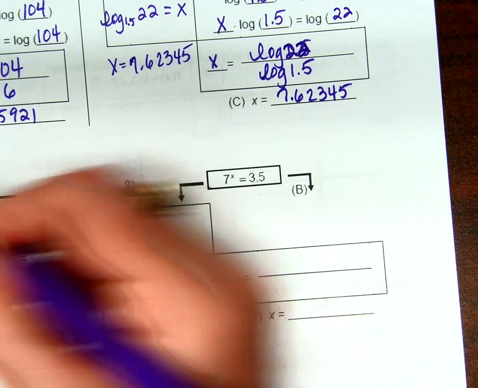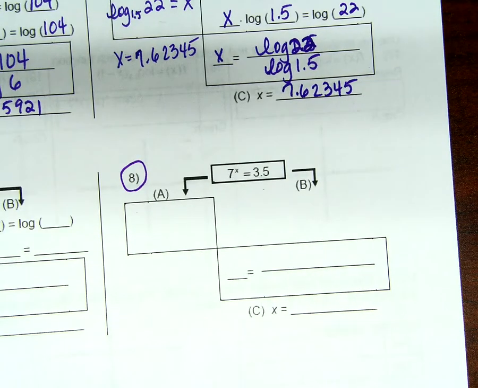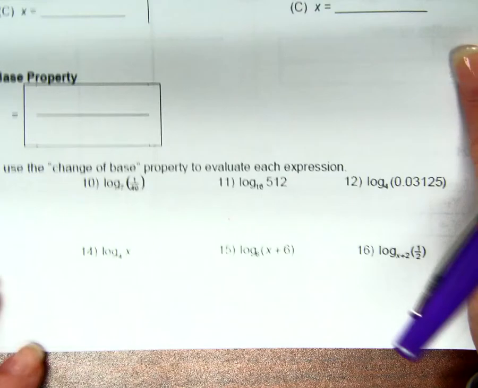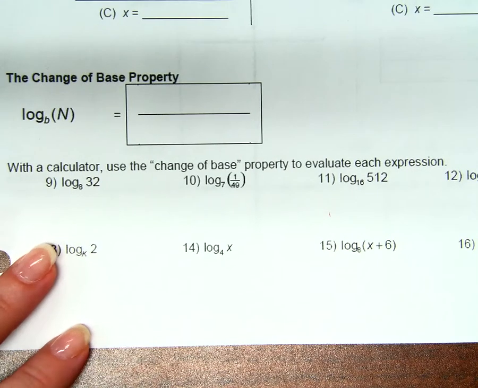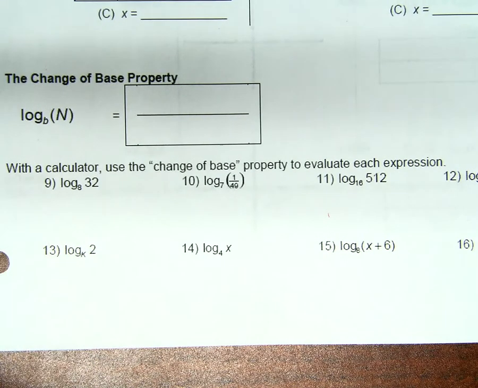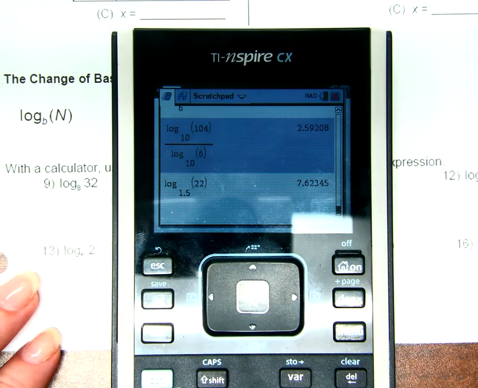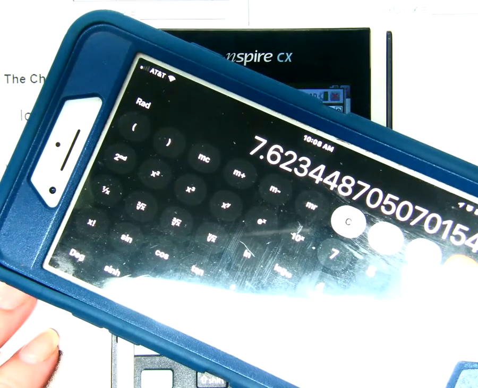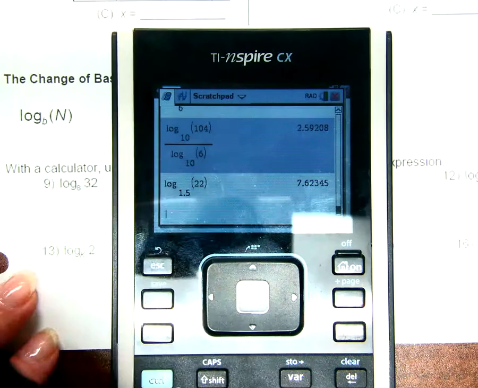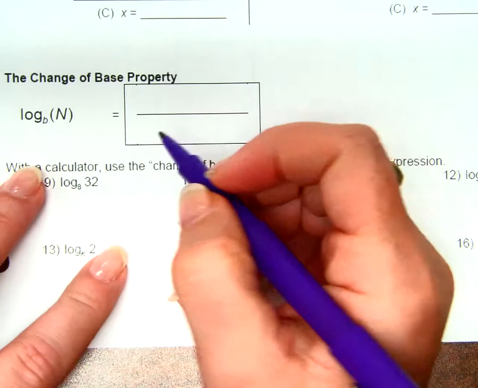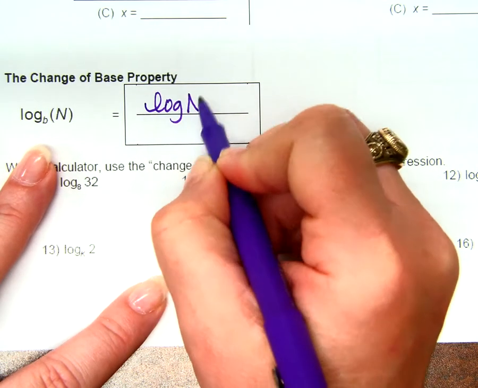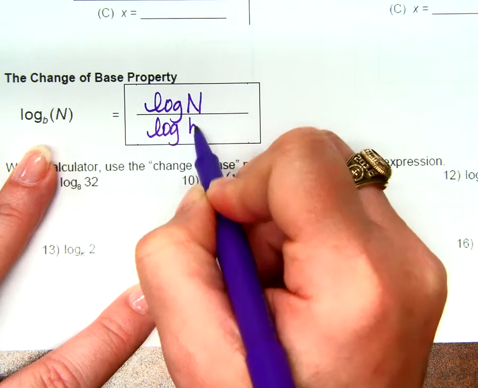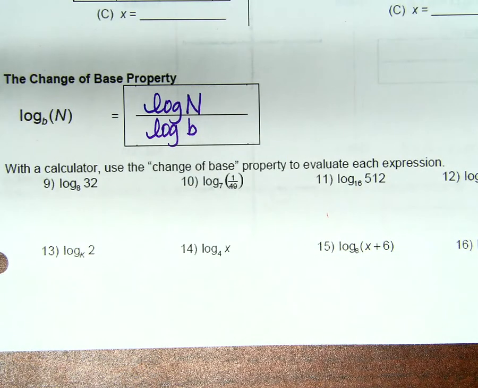Please circle 7 and 8. Change of base property. Change of base property is not something we really have to know anymore because of these calculators, but we need to know it just in case. So if you have log base b of n, it's log of n divided by log of b. How are you going to remember which one goes where?